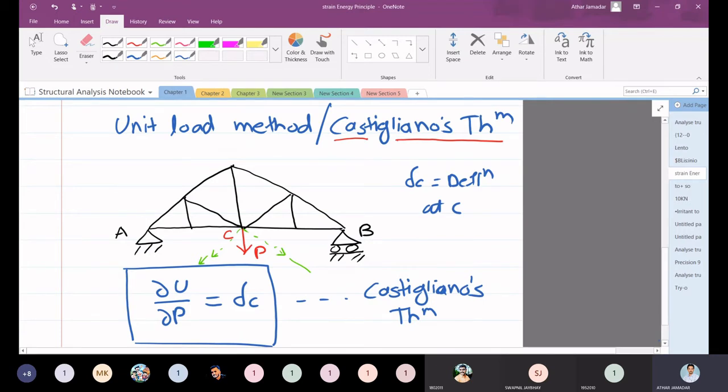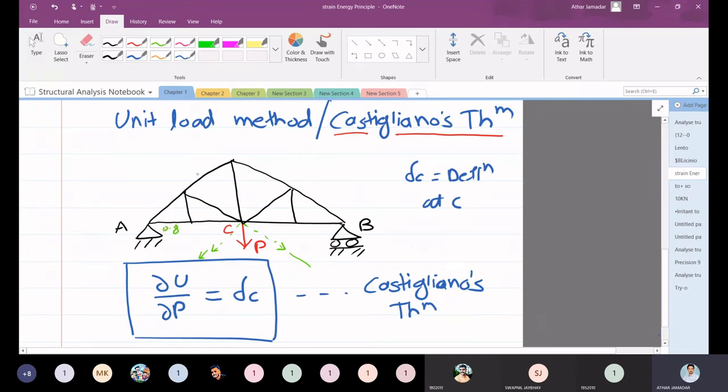That means in this member the load might be 0.8 times P, here it will be suppose 0.9 times P, and here something like 0.5 times P. So if we express forces in any arbitrary member in terms of P, it will be like 0.9 times P, or 0.8 times P, or 0.5 times P. In other words, we can express this as Pi is equal to K into P. These 0.9, 0.8, 0.5 are constant values, so we can express the forces in any member as Pi equals K into P, where K is the constant and P is the load acting.